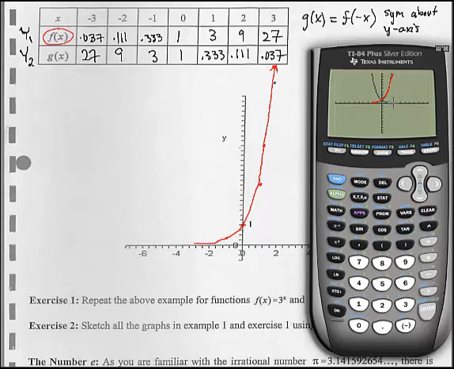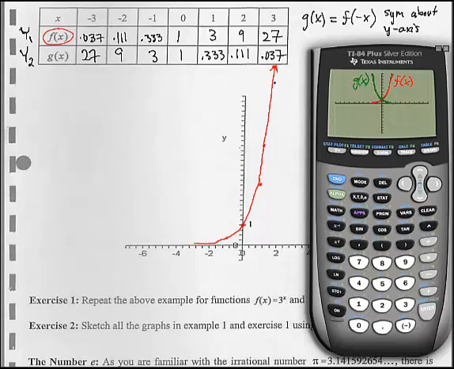And so, as you would expect from the initial f of x and g of x, our g of x of 3 to the negative x is going to be rotated around the y-axis. Here is our g of x in the green, and f of x is in the red. So we have it plotted.